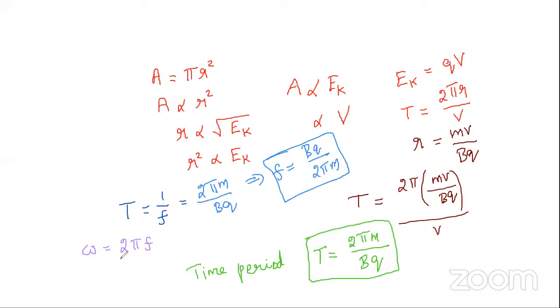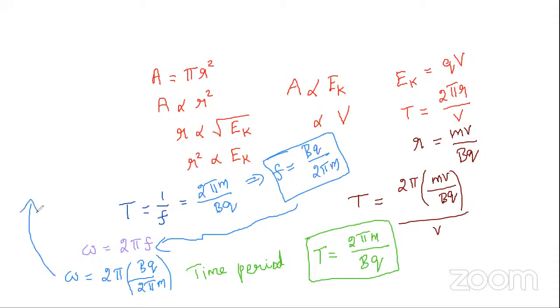From that, you can calculate the angular frequency using this relation. So omega equal to 2 pi into BQ by 2 pi m. The omega equation now is given by BQ by m. So omega equal to BQ by m.